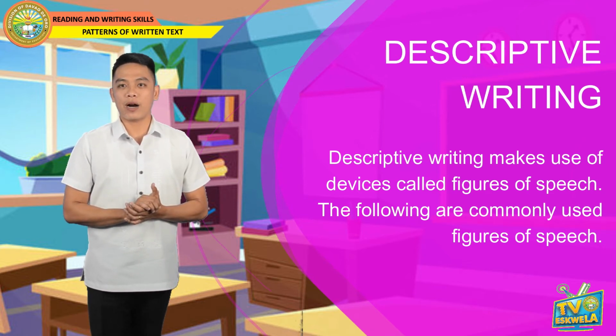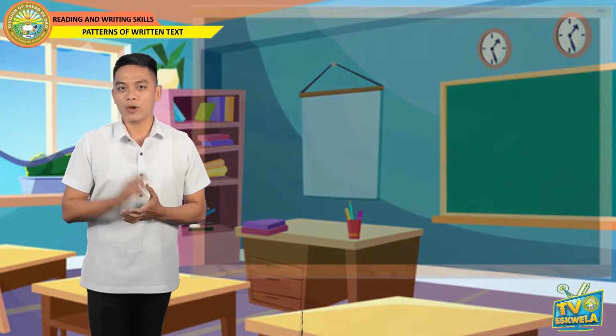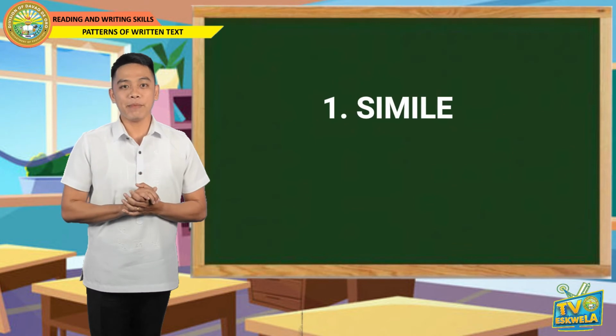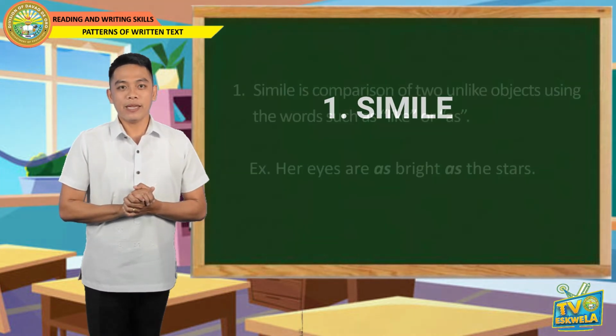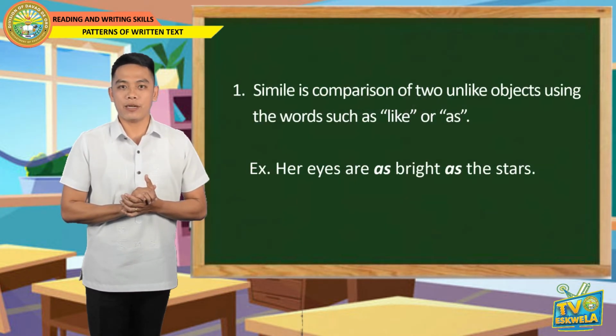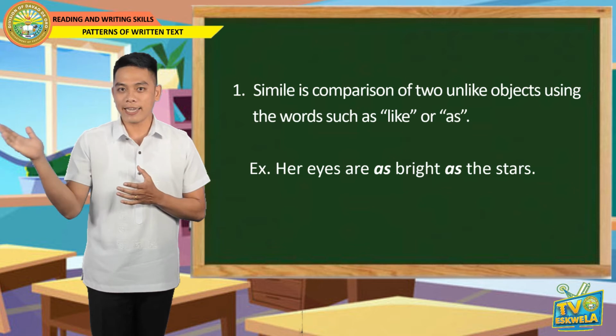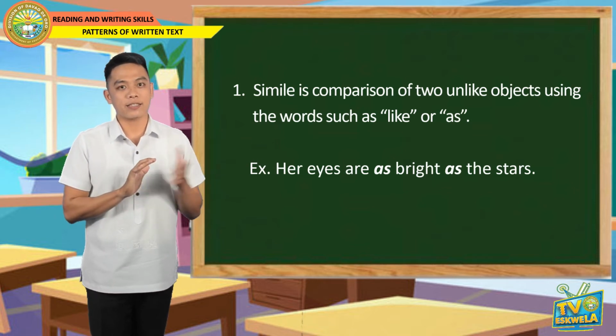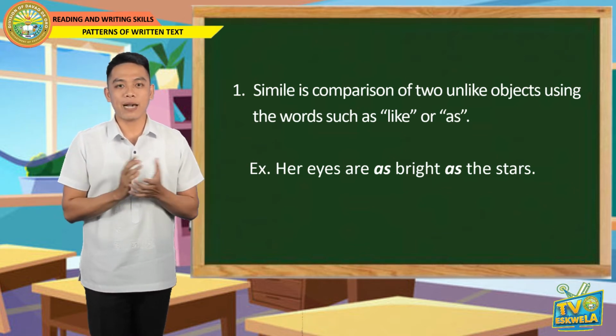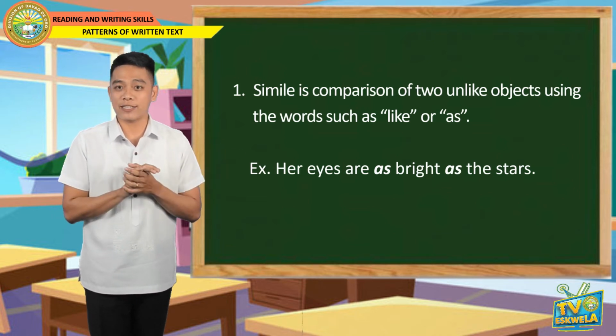The following are commonly used figures of speech. 1. Simile. Simile is comparison of two unlike objects using the words such as like or as. Example: her eyes are as bright as the stars.